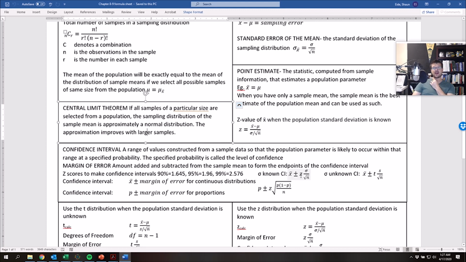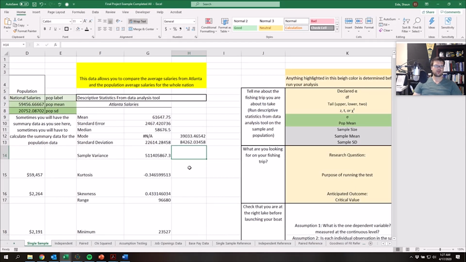And this right here is z crit, or basically the confidence level, however confident you want to be. Our alpha is 0.05, so we're going to use the z-score of 1.96. So we're going to do 1.96 multiplied by the standard error, which is the standard deviation divided by the square root of n.